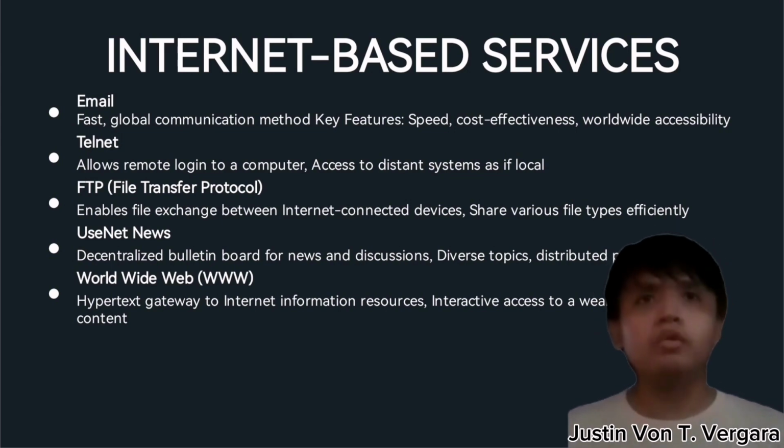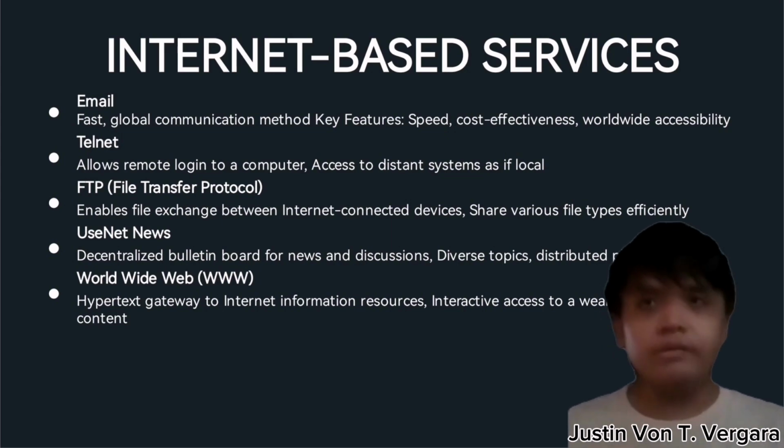The third is the File Transfer Protocol. It allows users to transfer virtually every kind of file that can be stored on a computer from one computer to another. And the fourth is Usenet. What is the use of Usenet?